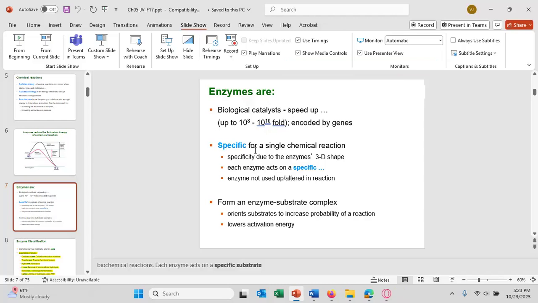They only can attach to one molecule and then convert that one molecule into the products. And enzymes do not work on other molecules. That has to do with the specificity of the enzyme, their three-dimensional shape, and the three-dimensional shape specifically will bind to one molecule and convert it into the products.